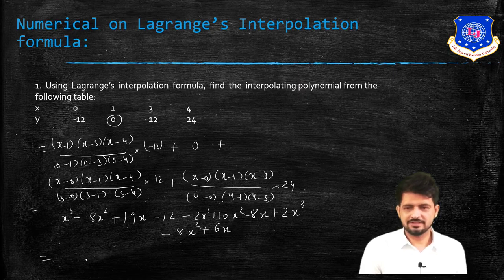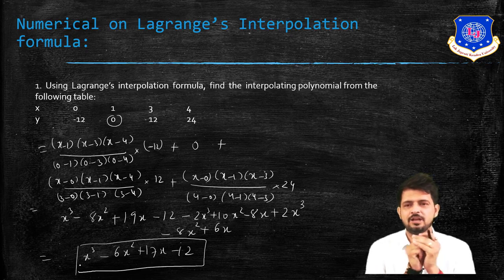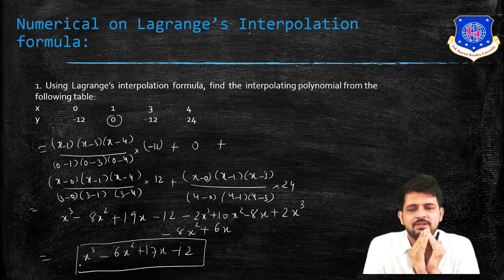If you simplify this, you will get the answer like this: x cube minus 6x square plus 17x minus 12. So this is our required interpolating polynomial with the help of Lagrange's interpolation formula. I hope it is clear to you.